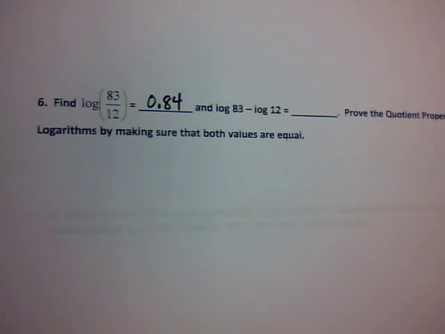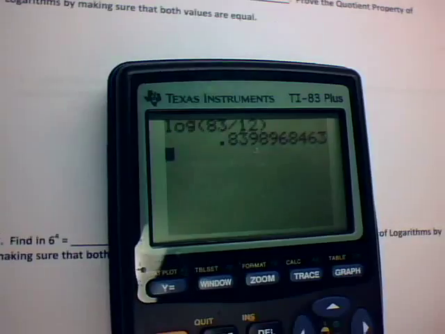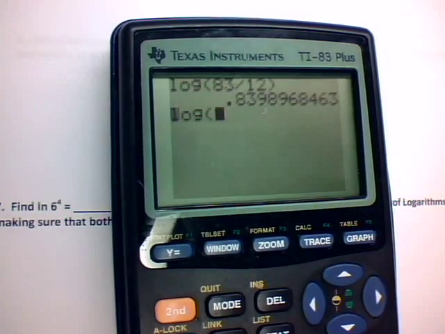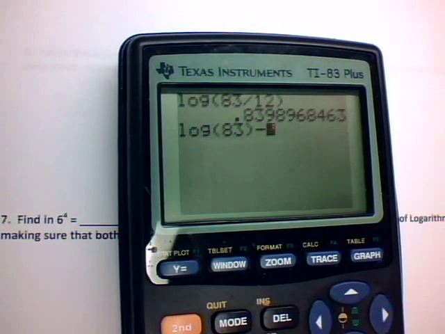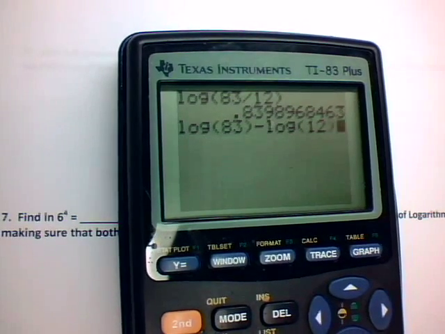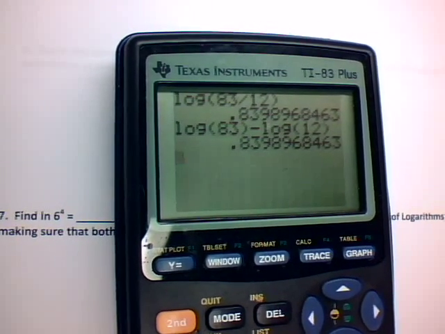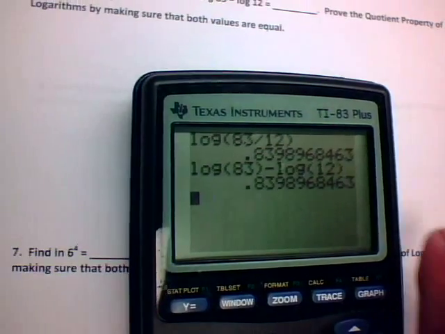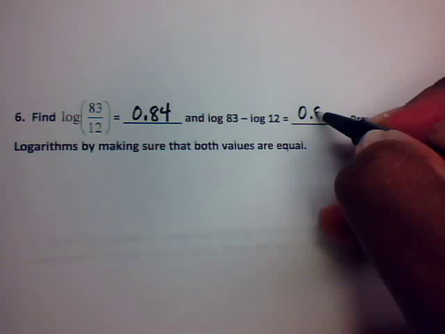And then we'll do the log of 83 minus the log of 12. So here, we press the log key, and then 83, close parentheses, minus log 12, close parentheses, and then hit enter. And it's the same answer, 0.84, rounded to two decimal places.